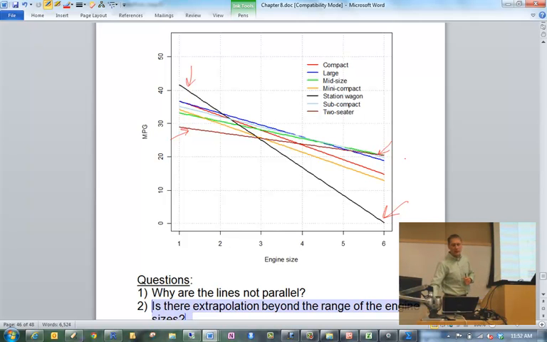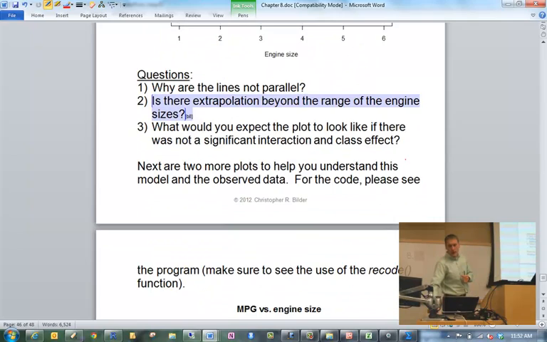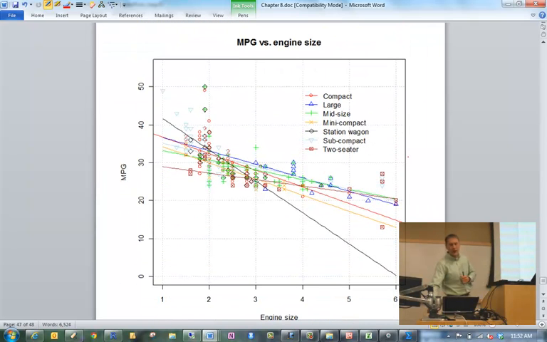Also, another reason why I did a plot like this was because I knew I was going to do this plot too. So now what I did, and you can take a look at the code in the program itself, I actually plotted the data. And I color-coded each of the plotting points by the same color for the class of the car, and also I used different symbols for each class type so that you can see what's going on in this plot.